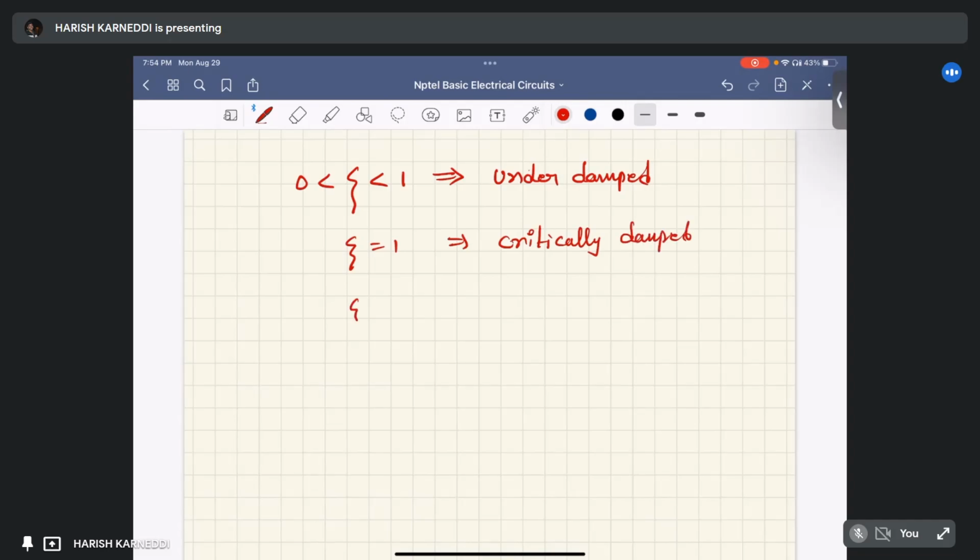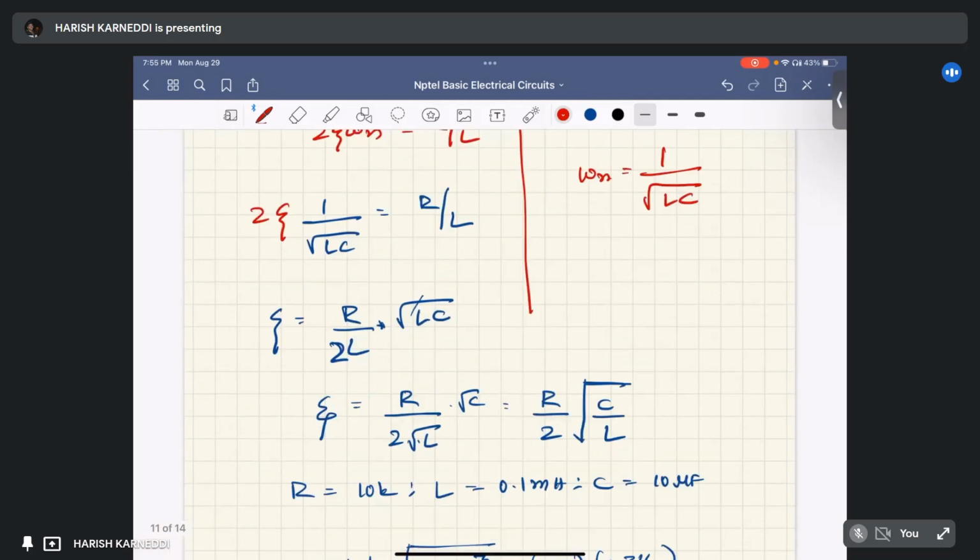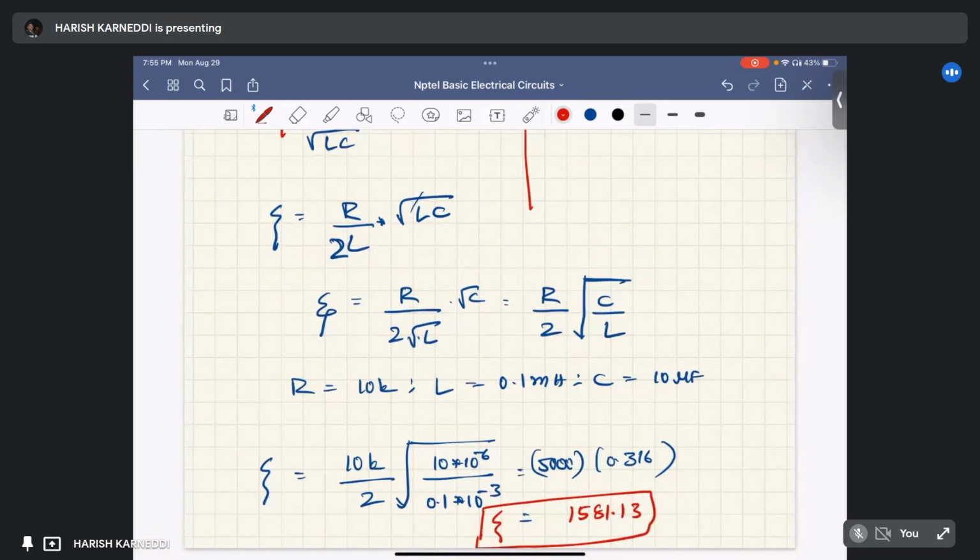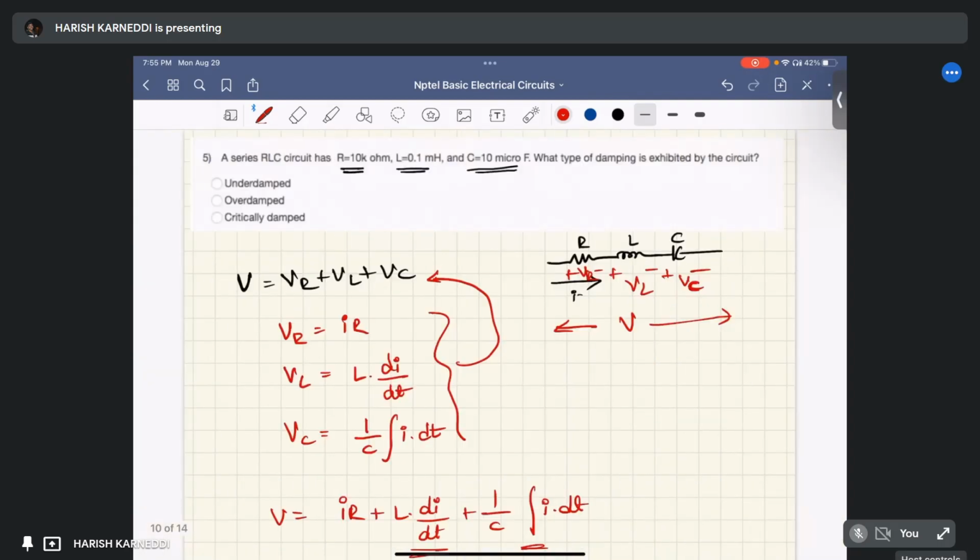If zeta is greater than 1, then the system is an overdamped system. Now we got zeta as 1581, which is more than 1. So the system is an overdamped system.